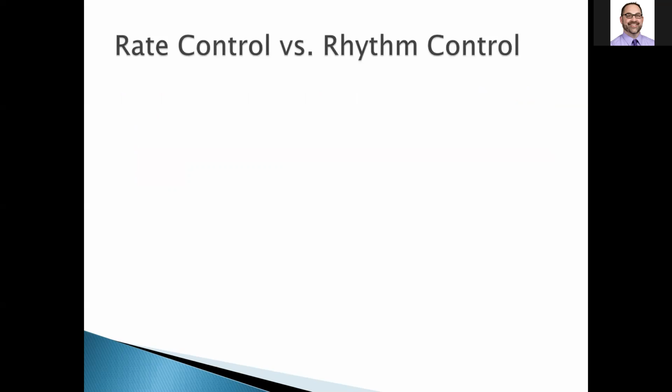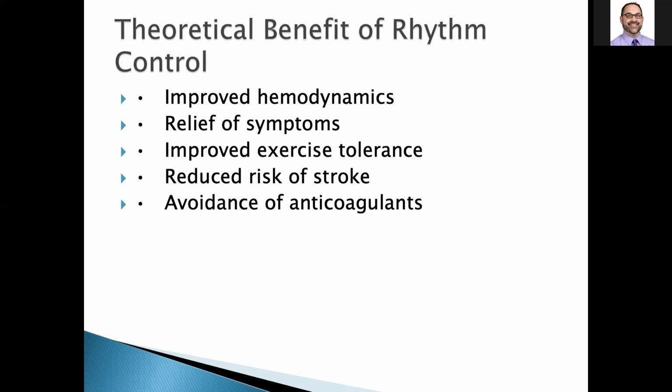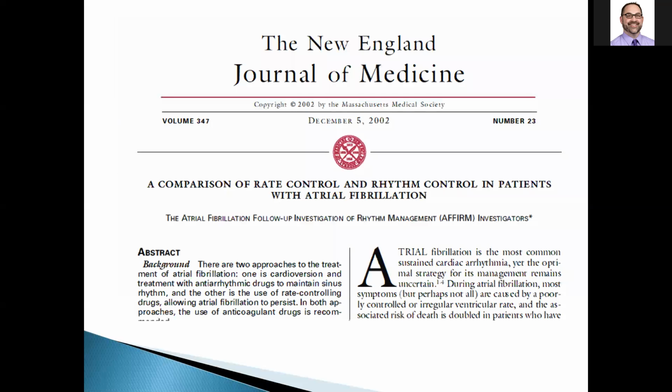Now we're going to talk about rate versus rhythm control. Theoretical benefits of rhythm control: improved hemodynamics, you're going to get that 20% ejection fraction back, symptom relief, improved exercise tolerance, avoid risk of stroke, avoid anticoagulants after you've been in a regular rhythm for 3 months.